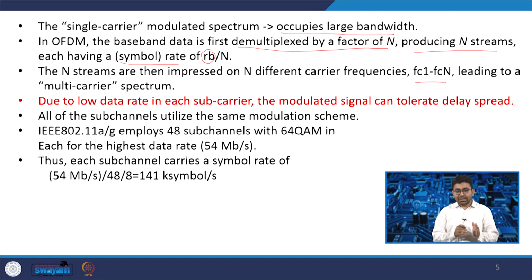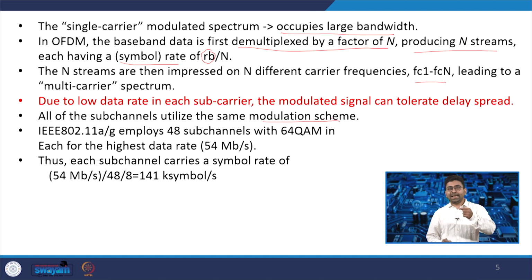But here one thing to remember is that your final total bandwidth will remain the same. Only each sub carrier has a different bandwidth, and if it is combined into N, then it is the complete bandwidth, it will occupy the complete band. So, this is a widely used modulation scheme and all the sub channels utilize the same modulation scheme.